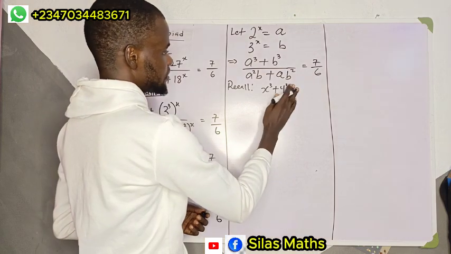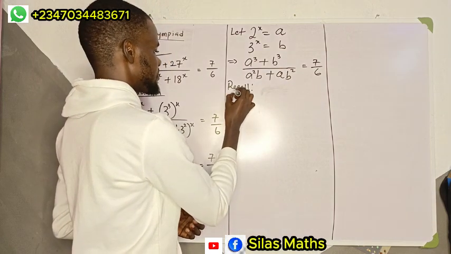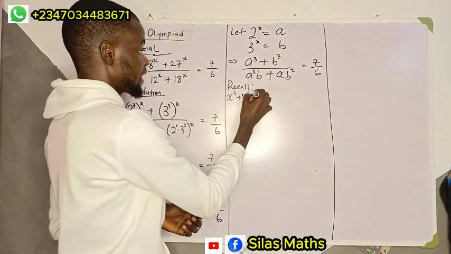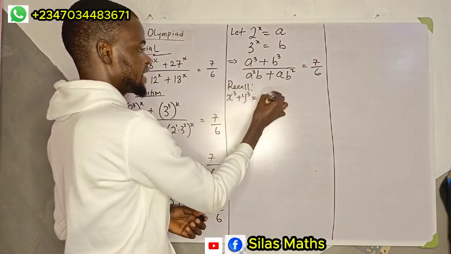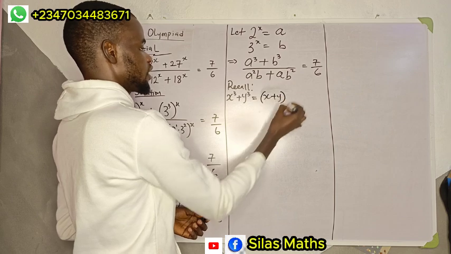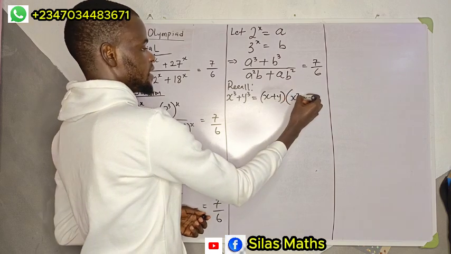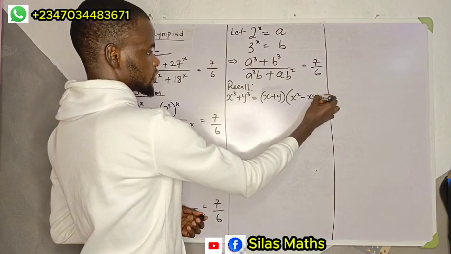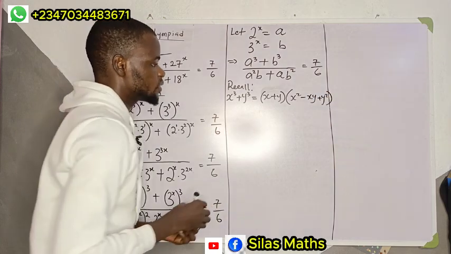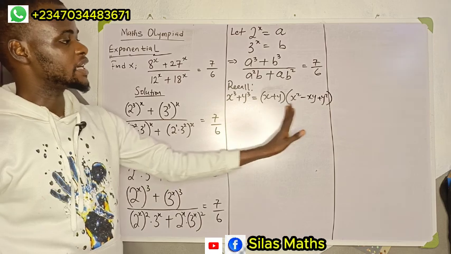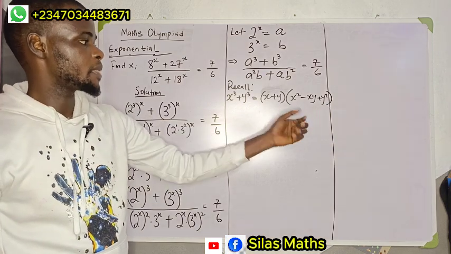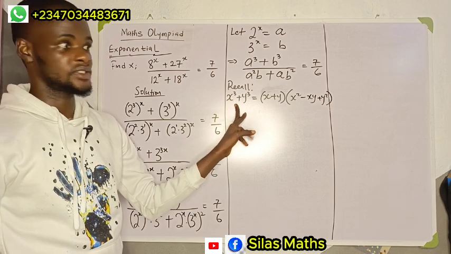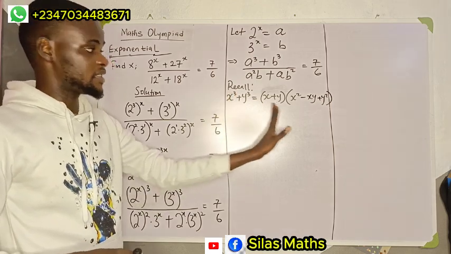Let me write it this way: x to the power of 3 plus y to the power of 3, which is a perfect cube, I can express it in this way by saying that this is x plus y, close bracket, x squared minus xy plus y squared. So if I expand this product, I'm going to get this. So that is to say that the perfect cube is equal to this.